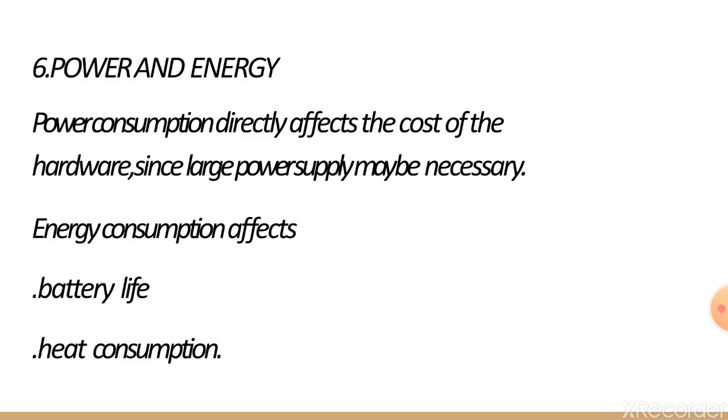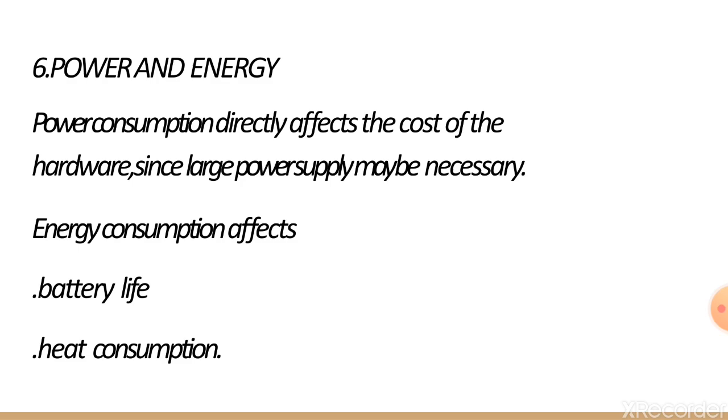Next is the power and energy. The power consumption directly affects the cost of the hardware, since a large power supply may be necessary. Energy consumption affects the battery life, which is important in many applications. So based on the power and energy, we must buy the components according to that power consumption and energy.